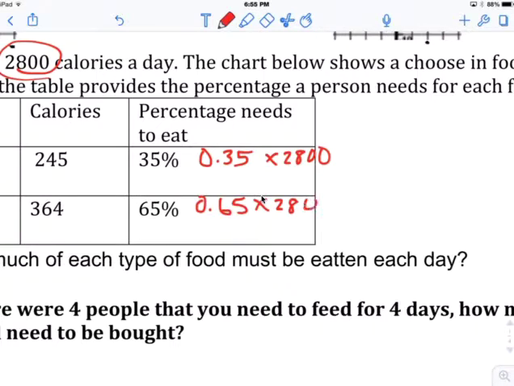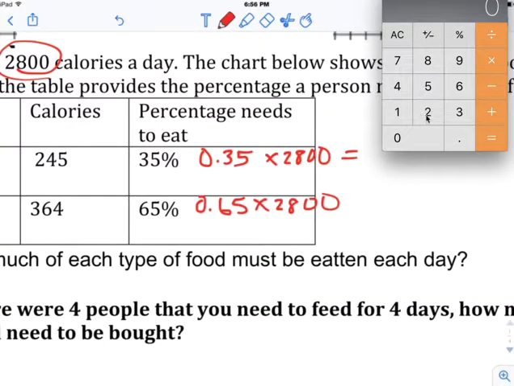Each one of them. That should get you, see the calculator, 0.35 times 2800 equals 980.